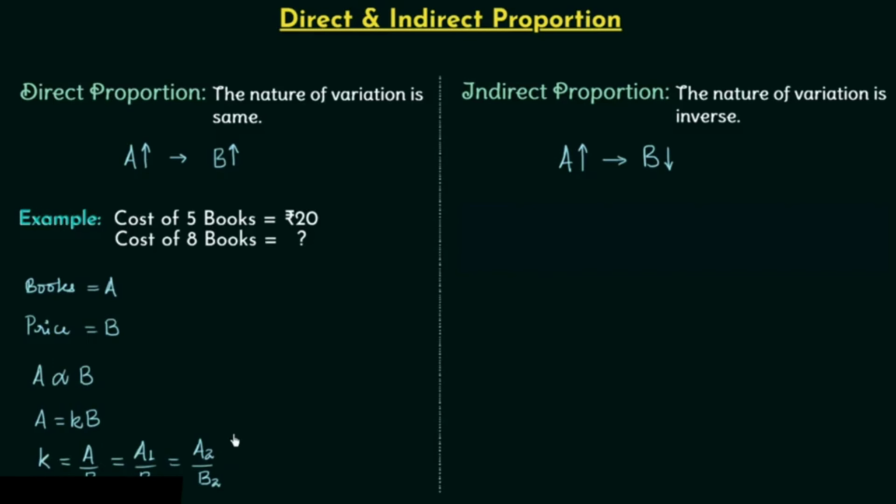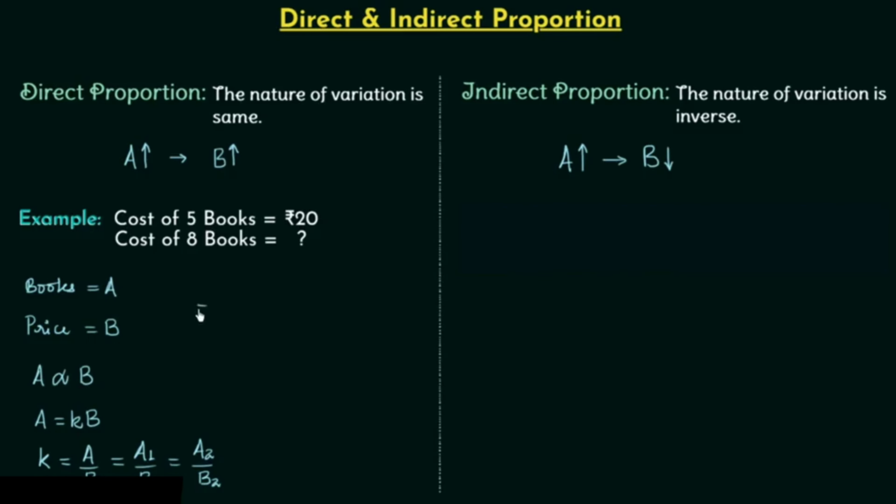Now focus on these two: A1 over B1 equal to A2 over B2. From here we can find our price. A1 is equal to 5, B1 is equal to 20, A2 is equal to 8, and B2 we need to find out.